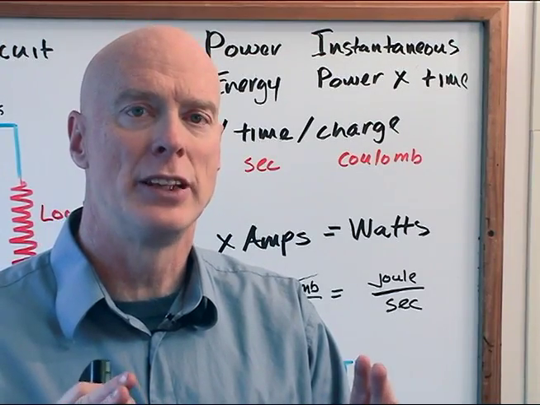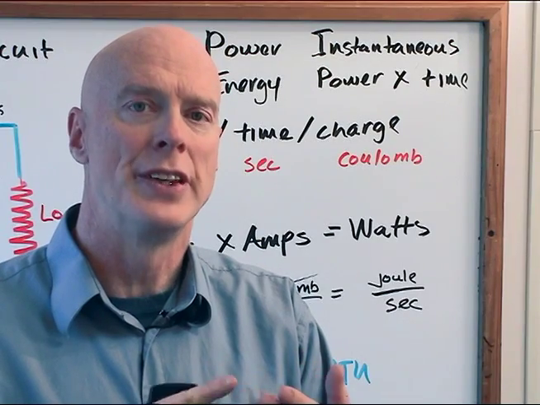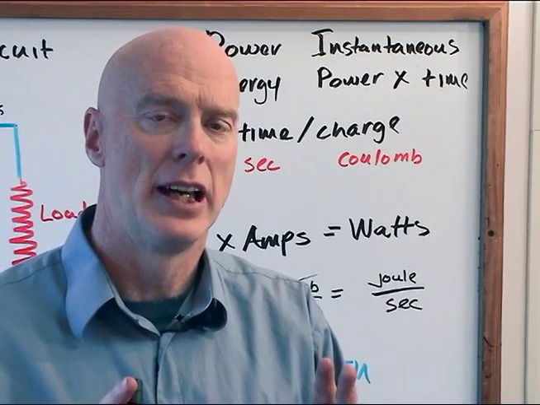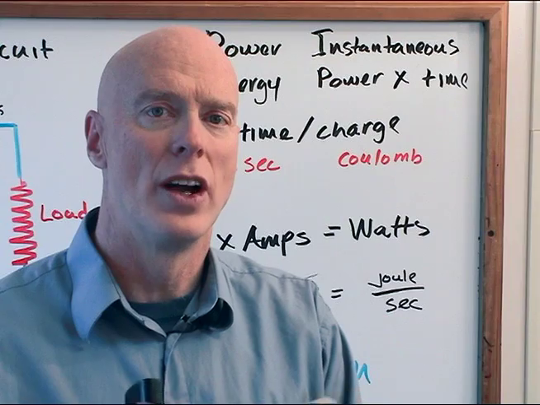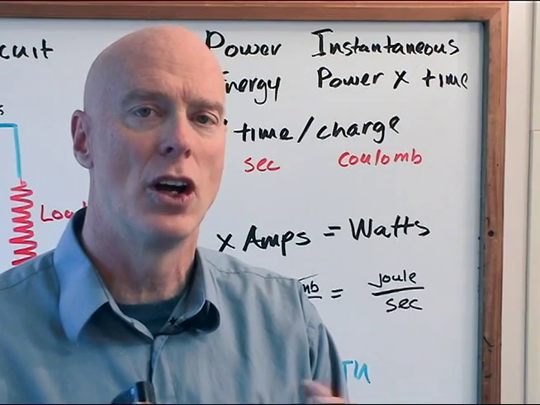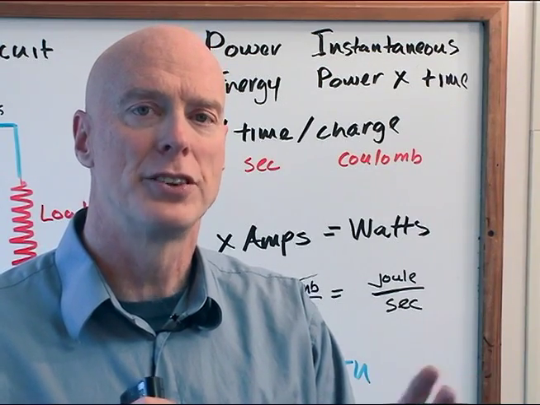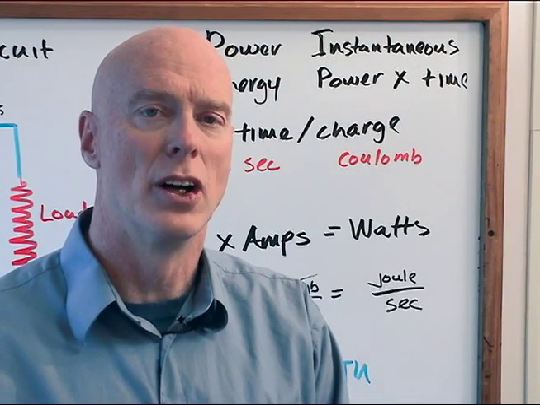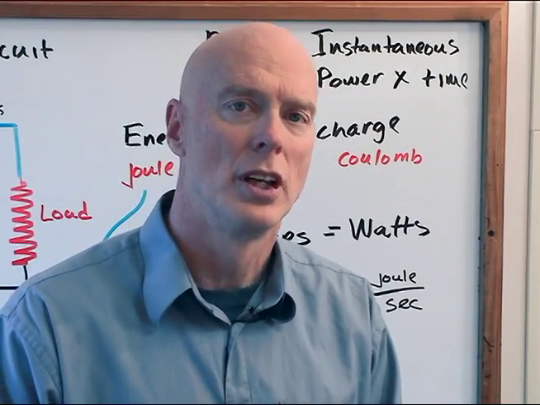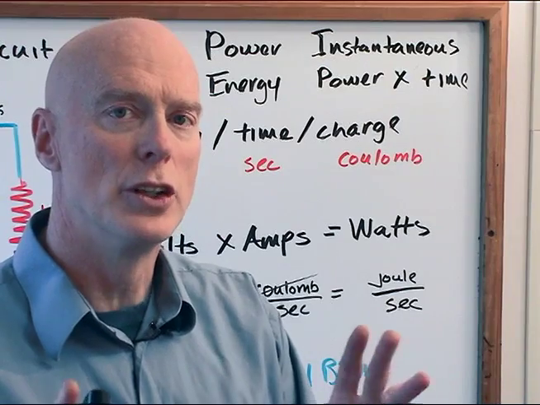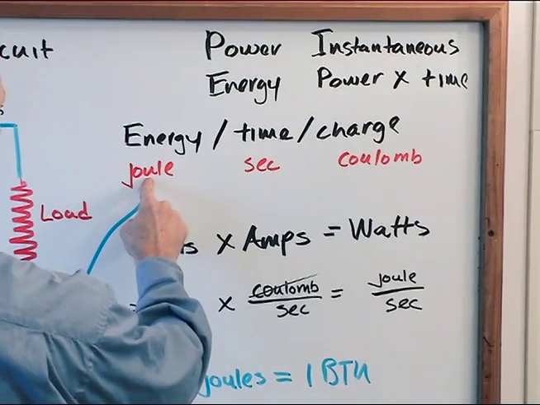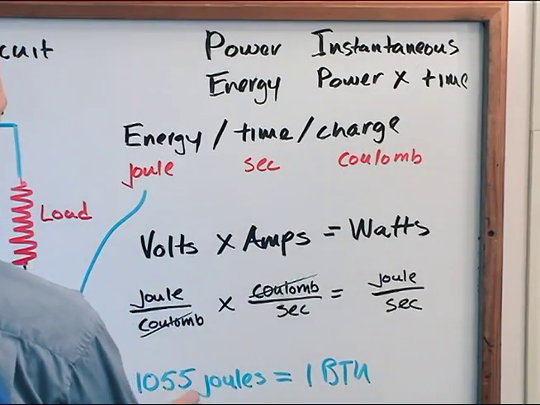There are some units standing behind the volt and the amp and the watt that will help you understand just how energy is imparted to a group of electrons and how they march down the conductor and unload this energy at the load and then come back to the source. So let's talk about what these units behind the scenes are. There are three important units. One is the joule, and a joule is a very small unit.